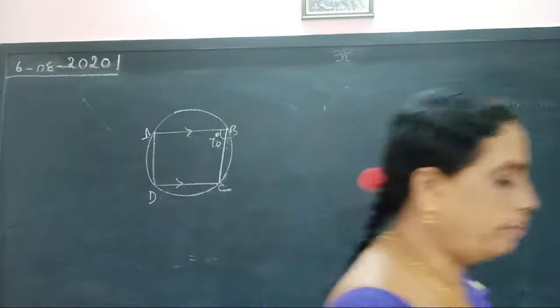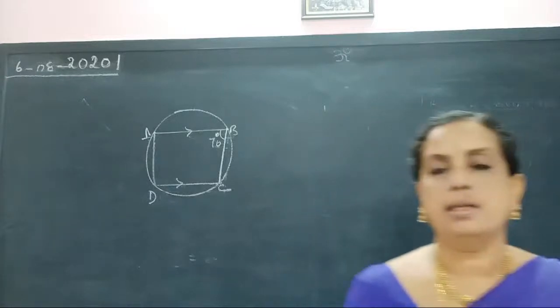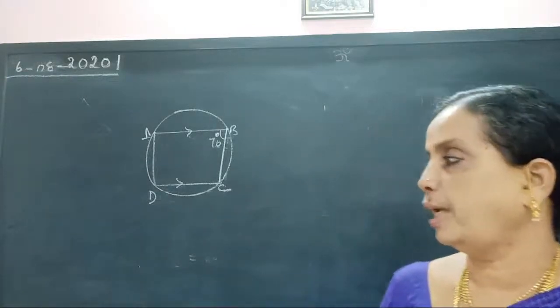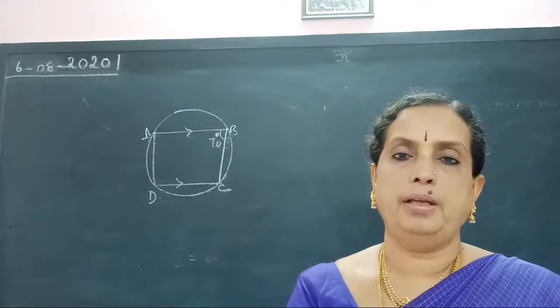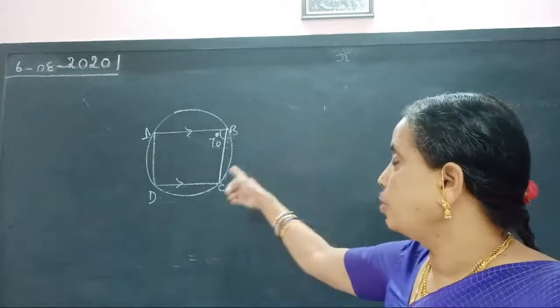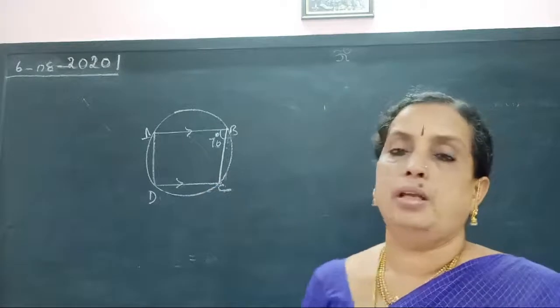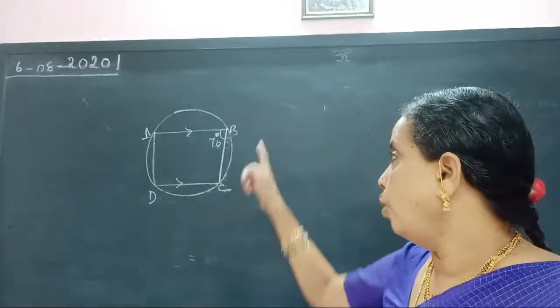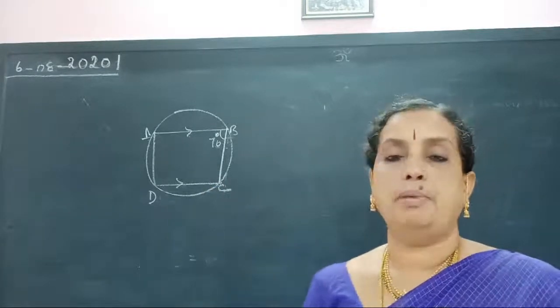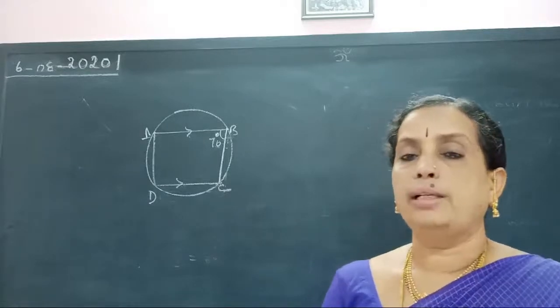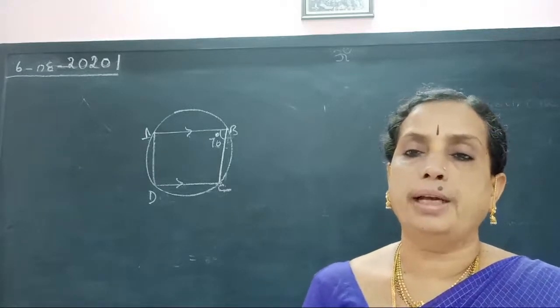So one of the properties we apply is sum of the opposite angles is supplementary. So B's opposite angle is D and co-interior angle is supplementary. So angle C is 110 degree.